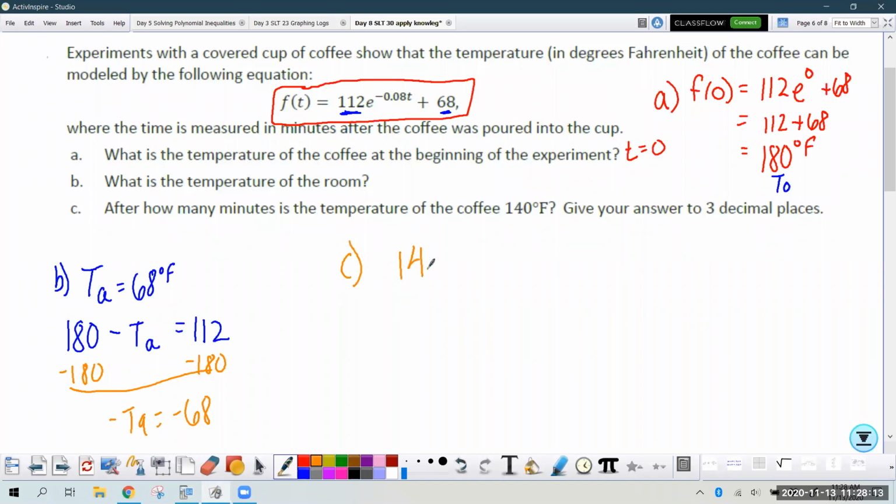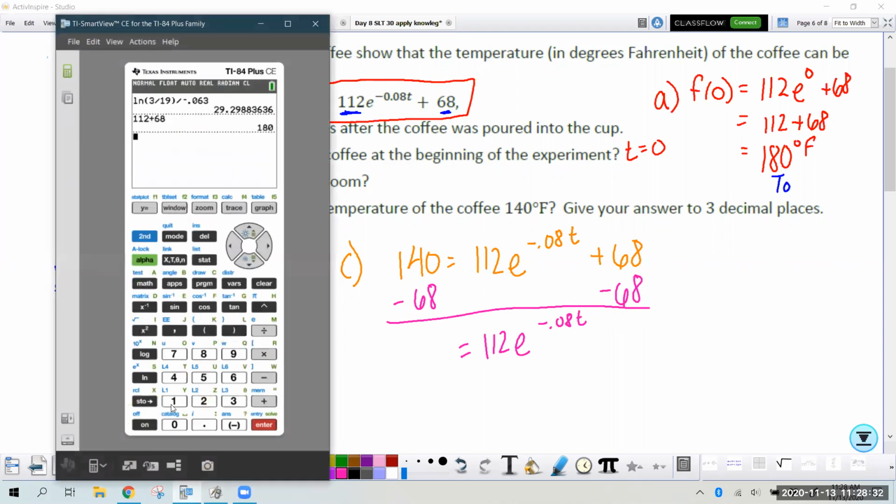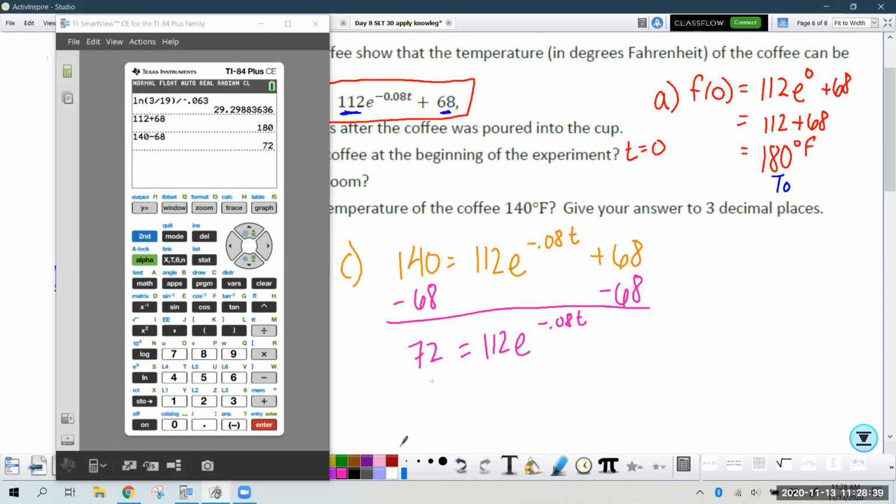Okay, so 140 is our ending temperature. To solve for t, we're going to subtract 68. Divide by 112.